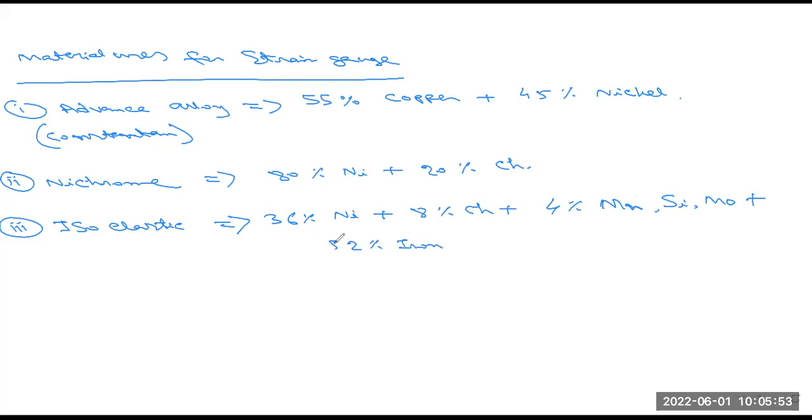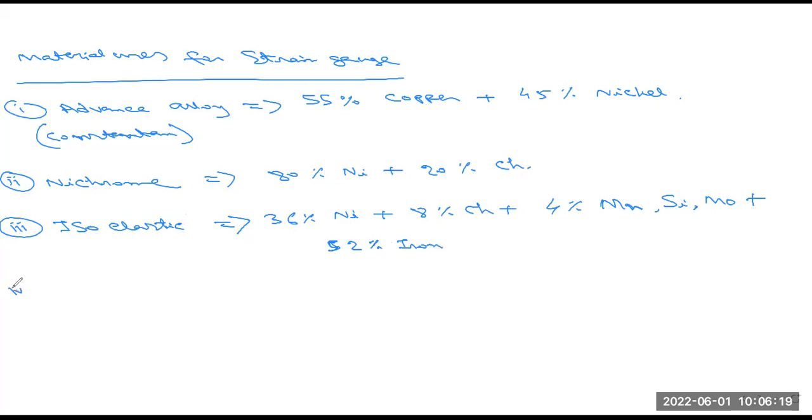Okay, so this is basically the iso-elastic type of material. For most industrial purposes we use this, easily accessible, the iso-elastic type material. This is made of 36% nickel, 8% chromium, 4% manganese, silicon, molybdenum, and the rest, 52%, is the iron material.